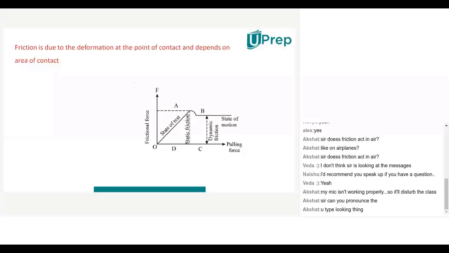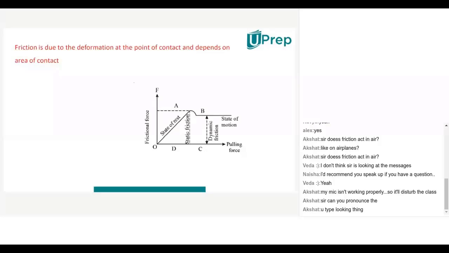So it is easy to increase its velocity after it starts moving, but before that it is a bit difficult to make it move when it is in a state of rest. So that means static frictional force will be more than kinetic friction, isn't it? Yes, sir.